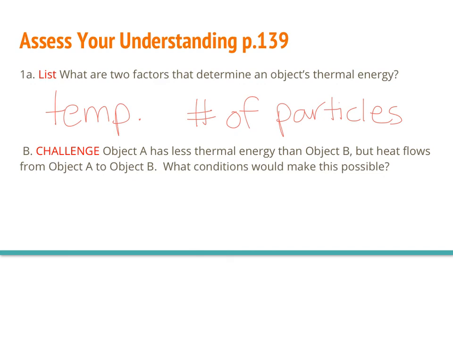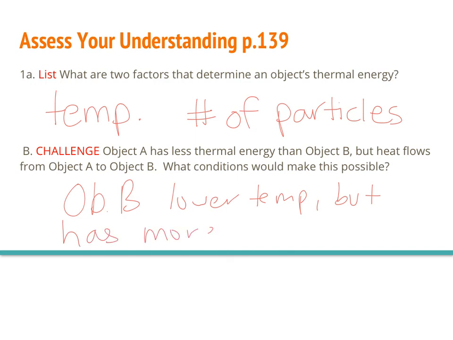Number 1B, object A has less thermal energy than object B, but heat flows from object A to object B. What conditions would make this possible? Well, object B has lower temp, but it must contain more particles. This would make it have a greater thermal energy.